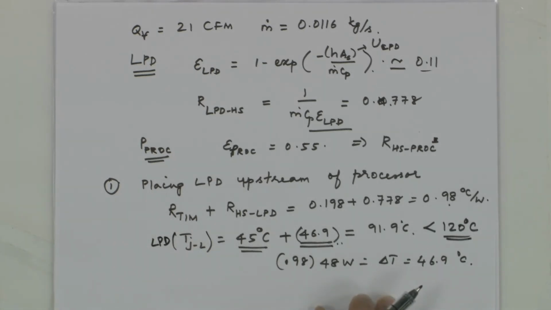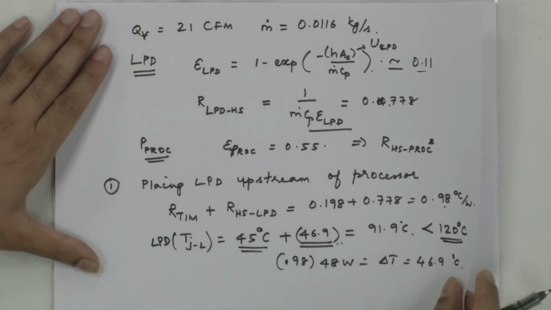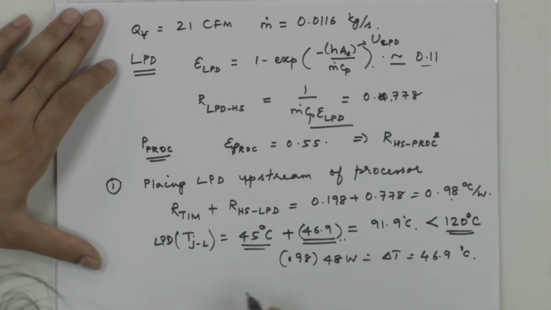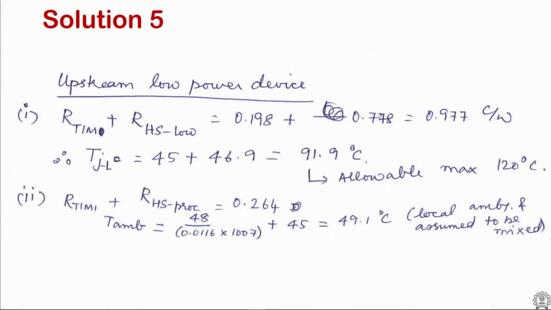Now, we need to calculate this for the processor. First we need to estimate the temperature rise that comes to the processor, and figure out the ambient temperature, because the low power device is placed upstream of the processor. That device dissipates 48 watts.